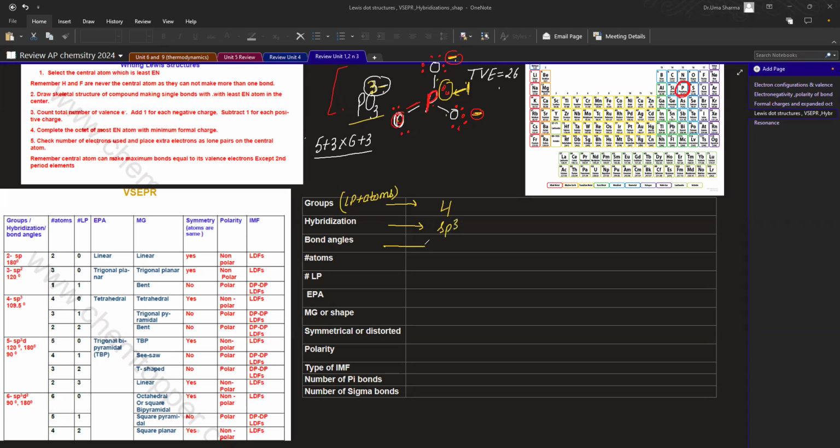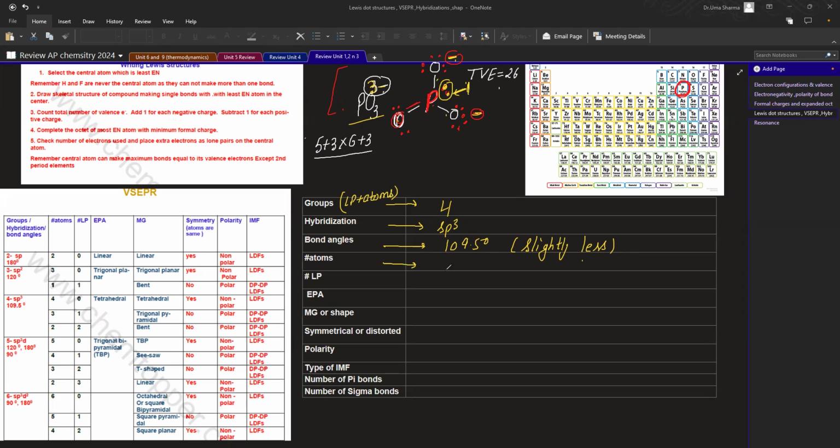What's the bond angle? It will be slightly less. Agreed? Slightly less. Why? Because there is a lone pair. Lone pair will distort the shape. So angle will be slightly less.